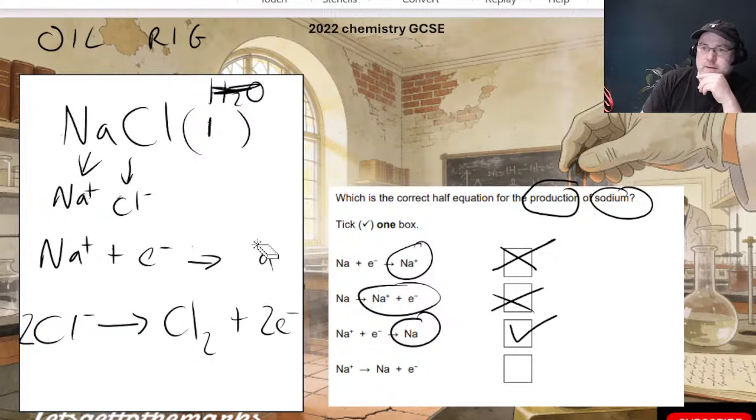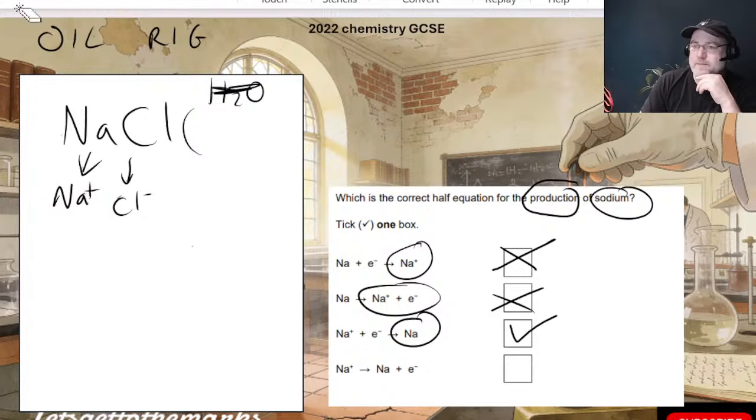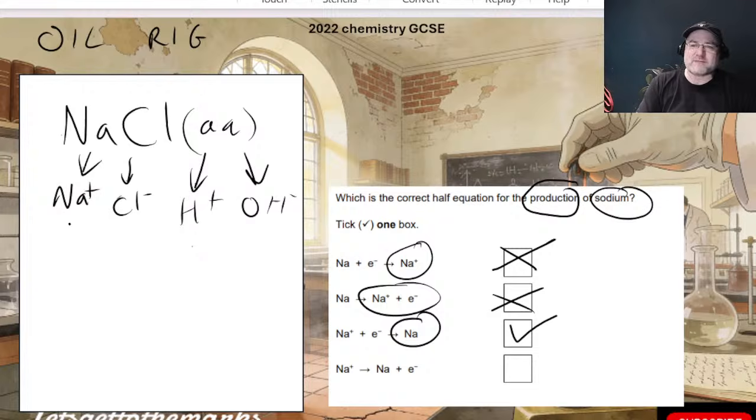Now, if they're AQ, the issue with AQ is that you have hydroxide and hydrogen ions. So a battle takes place between the positive ions and the negative ions. There's like a choice of two. So AQ solution means we have to bust the rules. In this situation, sodium is too reactive to come off.